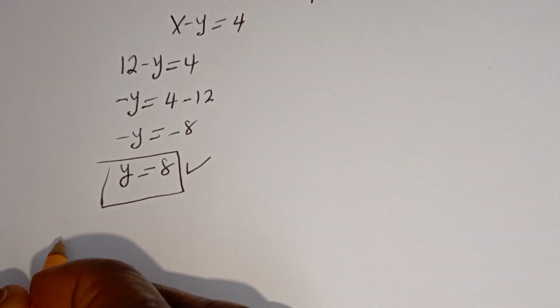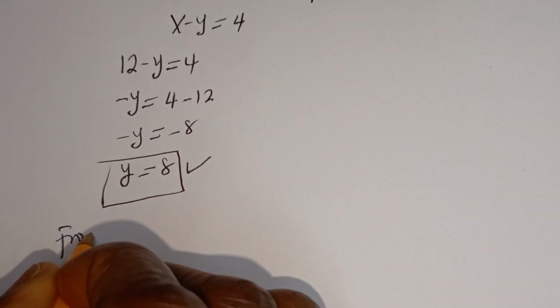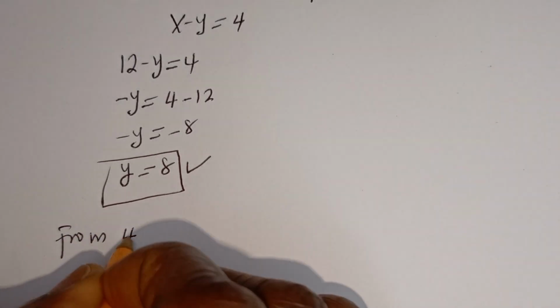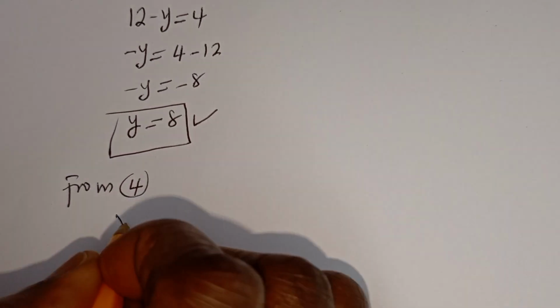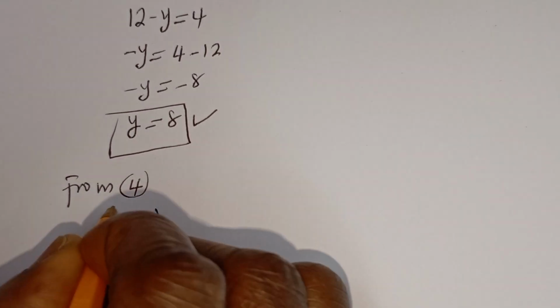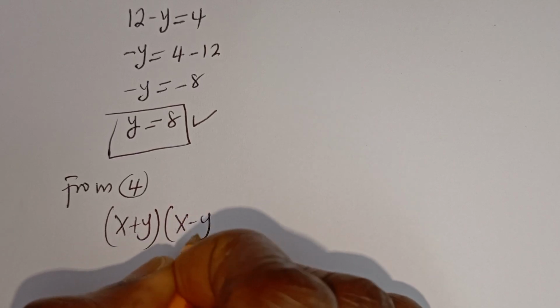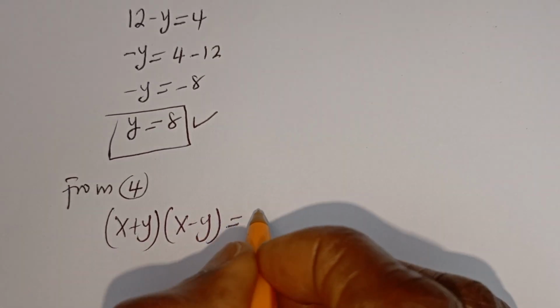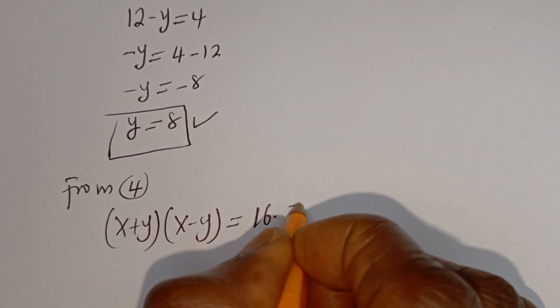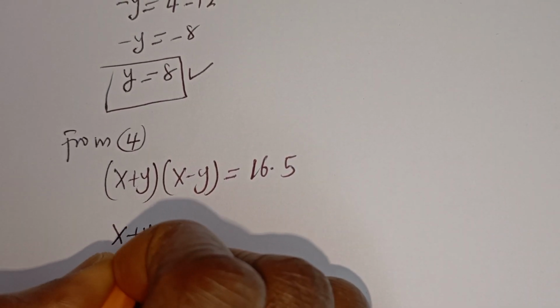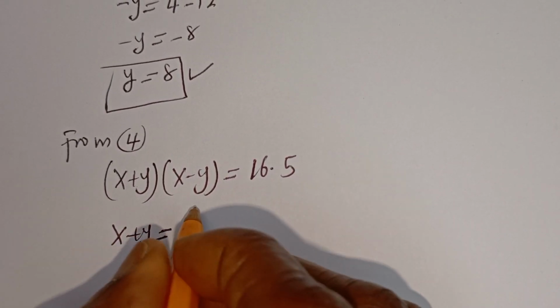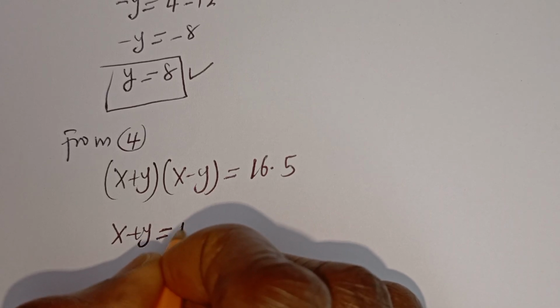Now let's consider the fourth case. From the fourth case, we have (s plus y)(s minus y) is equal to 16 multiplied by 5. Then s plus y is equal to 16.